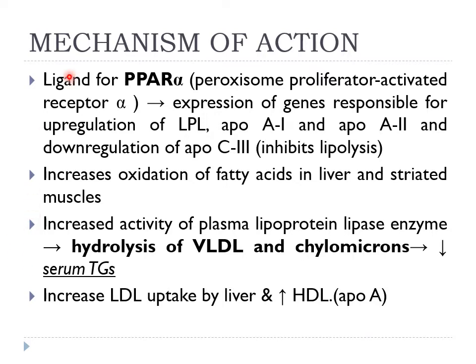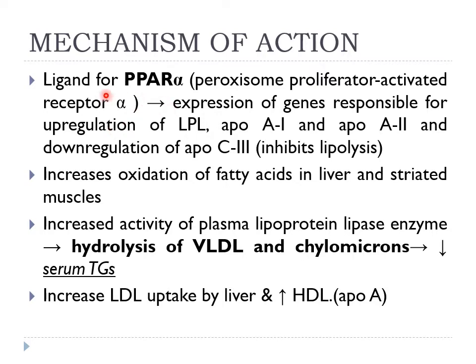They are basically ligands for PPAR alpha receptors, which are peroxisome proliferator activated receptor alpha. But before checking out their mechanism of action, you must know what are peroxisome proliferator activated receptors. These are intracellular receptors, and these are group of nuclear receptor proteins that function as transcription factors and regulate the expression of genes.